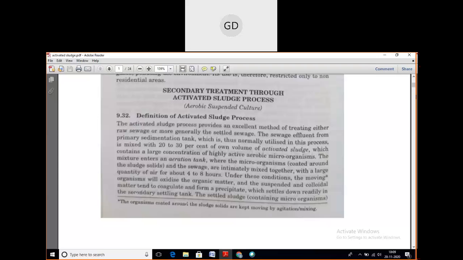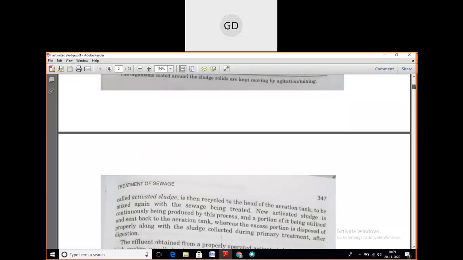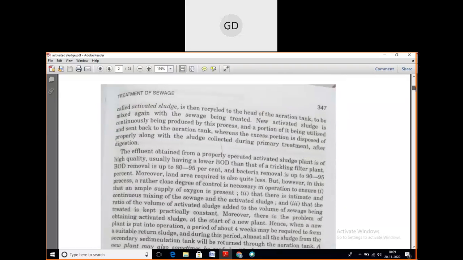After that this precipitate settles down, and that settled sludge is known as activated sludge. And a part of that activated sludge is then recycled. It is taken back to the aeration tank and mixed again with the sewage that is being treated.